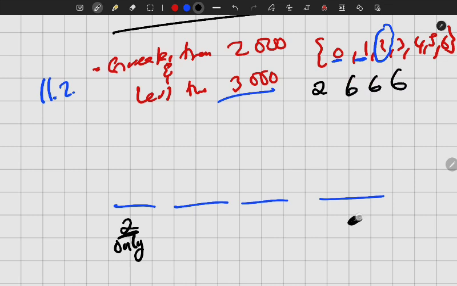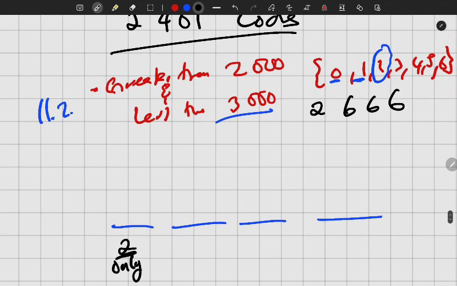So we won't reach 3000 by default. I'm overanalyzing. We're done with this first condition.